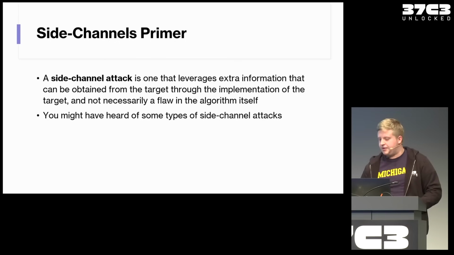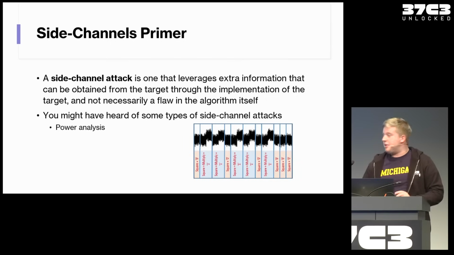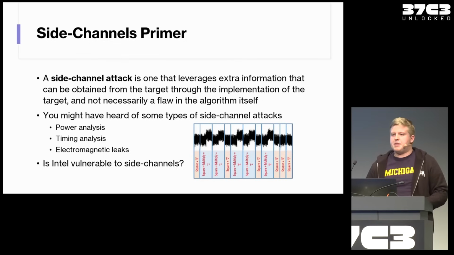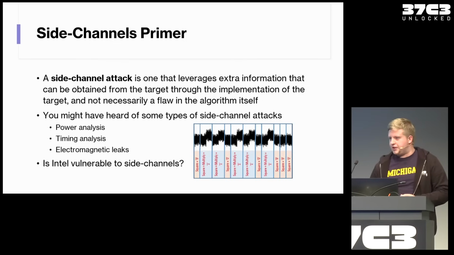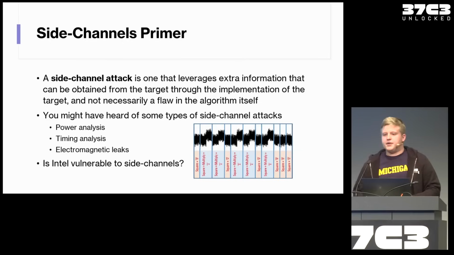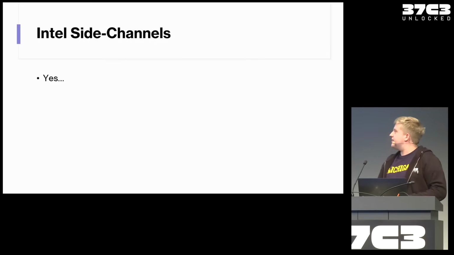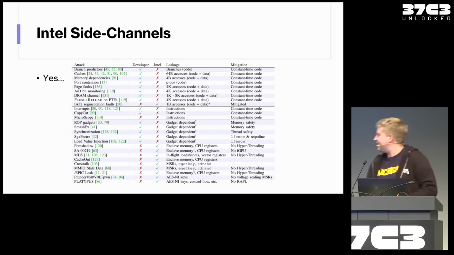You might have actually heard of some types of side channel attacks, like power analysis, timing analysis, electromagnetic leaks, but a lot of these happen on more embedded platforms like you might see on microcontrollers or simpler CPUs. Is something like Intel SGX vulnerable to side channels? Well, it turns out yes, a few of them.